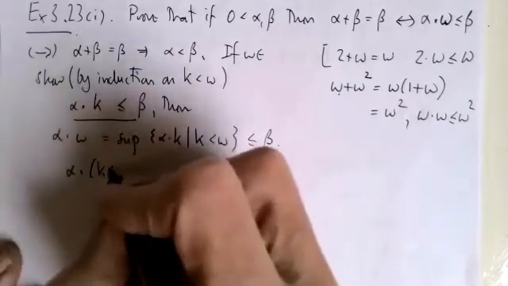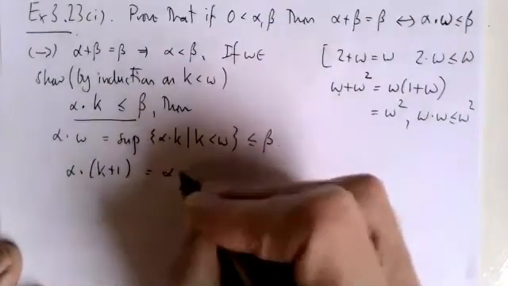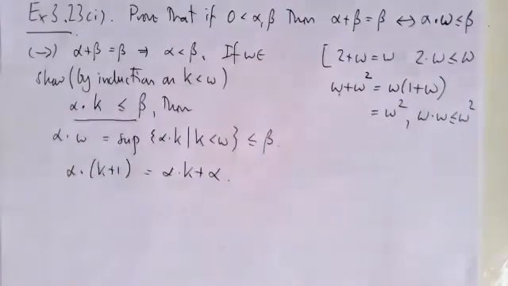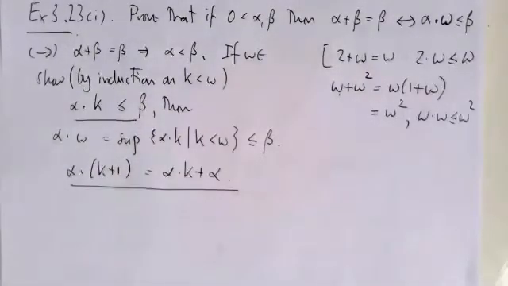Alpha times k plus 1 is alpha times k plus alpha.